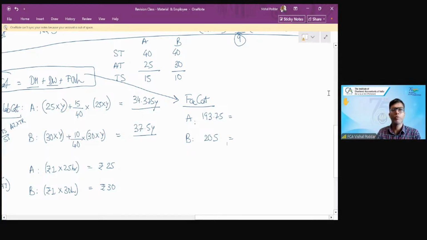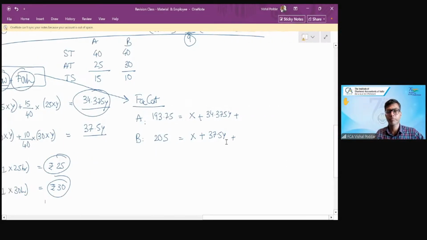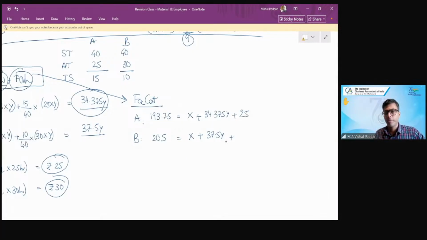Now, how do we find out? Direct material, which I don't know, so it is X assumed by us, plus direct labor, which we have just computed. So it is 34.375Y and 37.5Y plus factory overheads, which we just computed, 25 and 30. Now simply I will do subtraction.